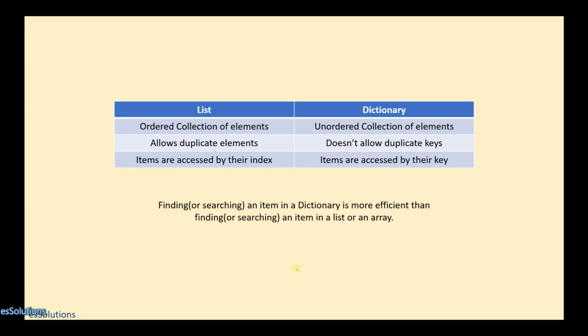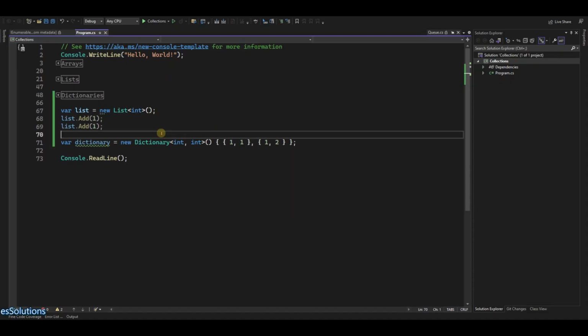And lastly, items are accessed by their indexes for lists and arrays, but for a dictionary they are accessed by their keys. If you remember, for a list, for example, you say list at position 0, and that is how we access the first item in a list. So for example, I just say item and we have it, and that's fine.